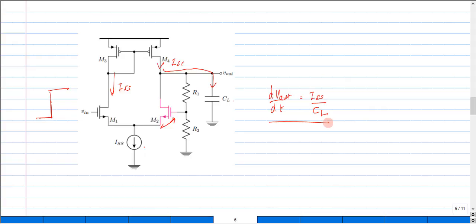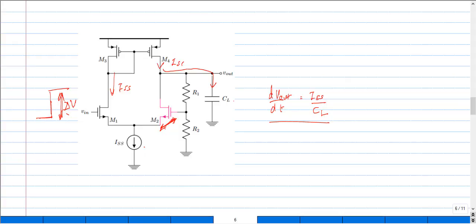Clearly this expression indicates that the rate at which the output changes doesn't depend on our input magnitude. You see, I have a magnitude of delta V here, but this magnitude is so large that when this particular input is so large, it has broken down our feedback loop across this M2 transistor.